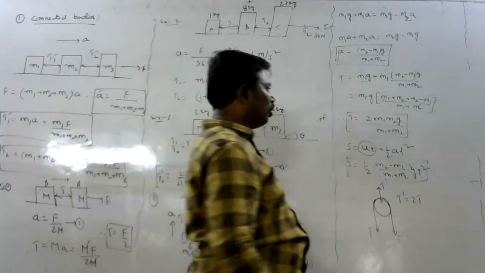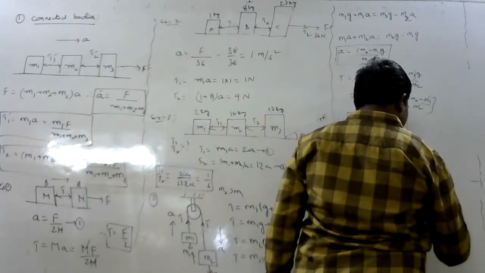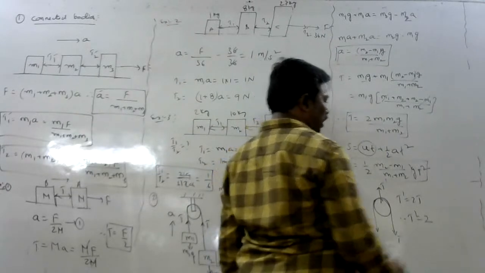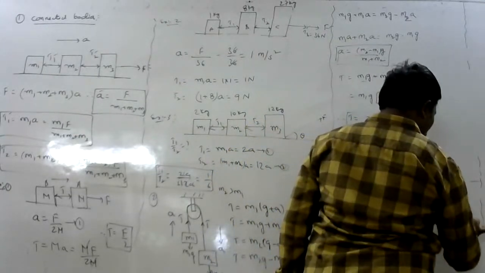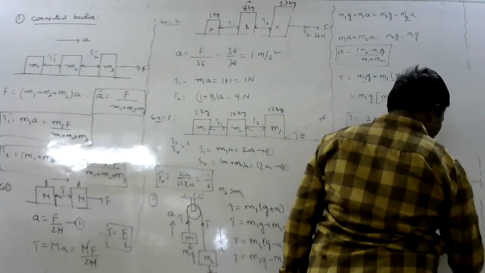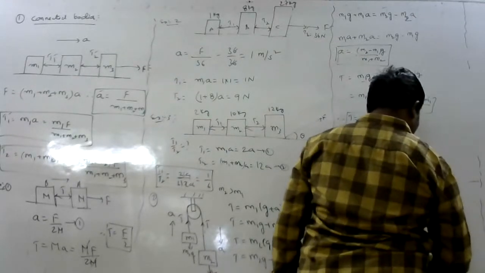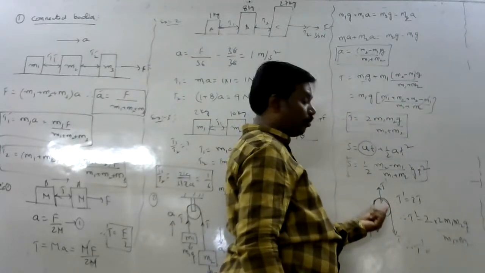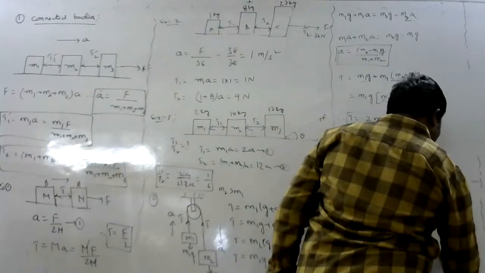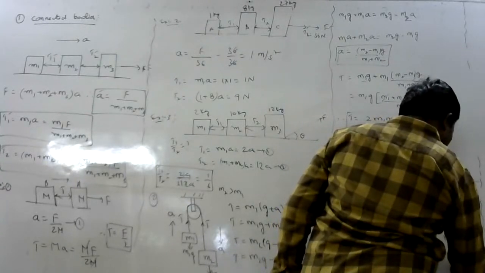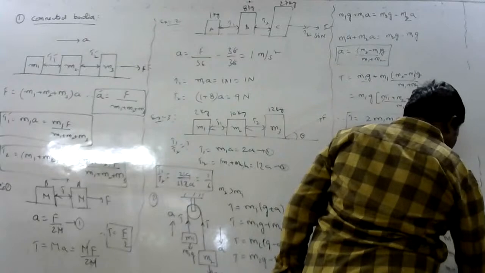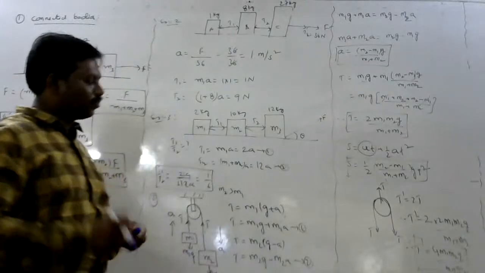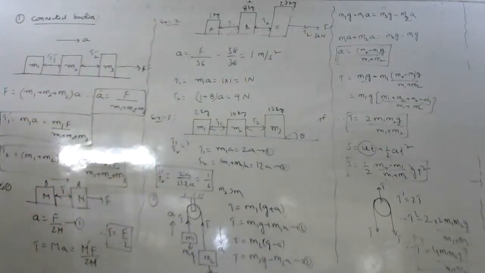Therefore, T dash is equal to 2 into 2m1m2g by m1 plus m2. Therefore, the force on the pulley T dash is equal to 4m1m2g by m1 plus m2.